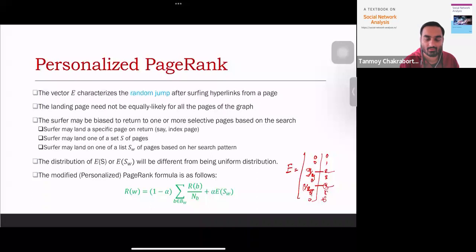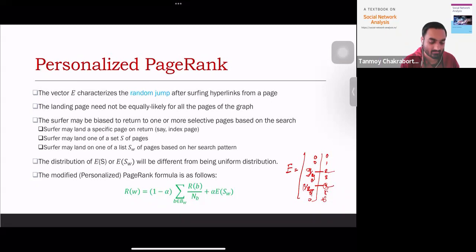Okay, but please remember, there are 2 components. The first component remains the same. The first component still says that you jump through any of the hyperlinks. The second component says that when you do not want to follow any hyperlinks, you can jump, but you can't jump to any of the nodes. You can only jump to some of the nodes which are fixed beforehand.